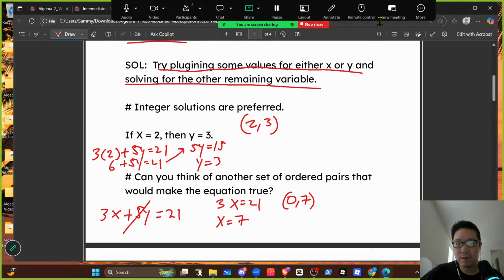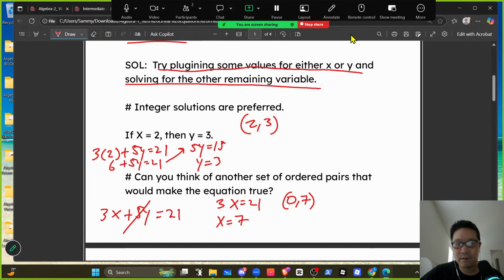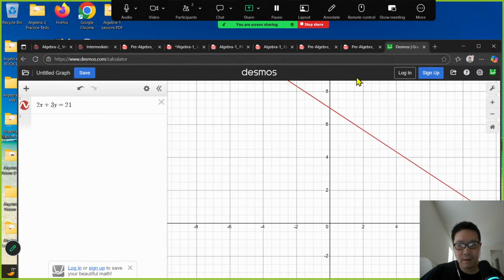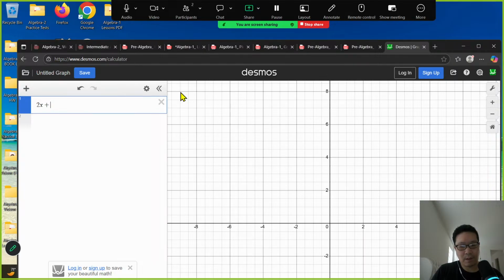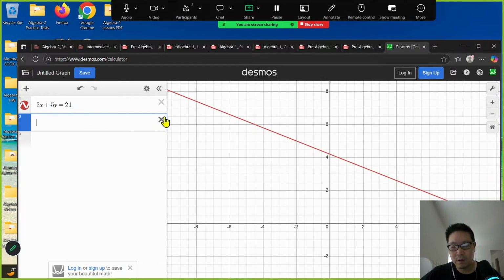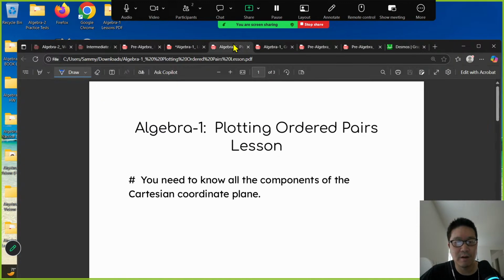So, how do I get rid of this? At 2 and 3, that's not showing up. Hold on. I think the equation was 2x plus 5y. Okay, thank you. 3x plus 5y equals 21. So I think I made a mistake.